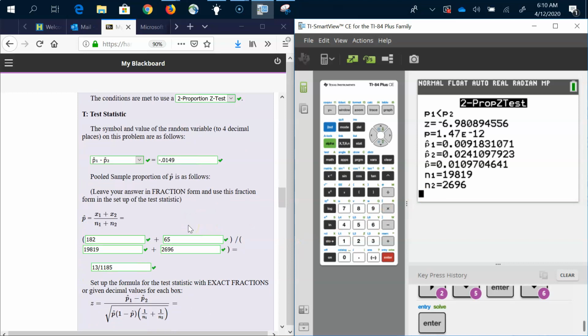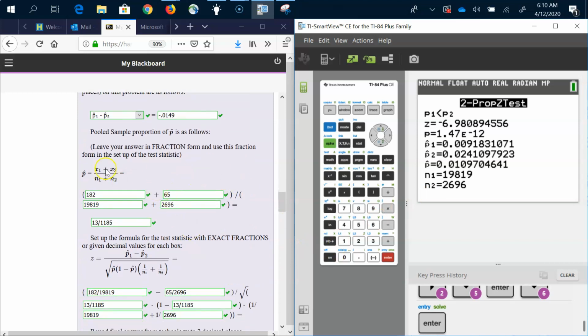The next thing is to find the pooled proportion. It's the number of successes in both of them divided by the size of the samples in both. So 182 plus 65 divided by 19,819 plus 2,696. Now, your calculator does simplify that nicely, and here's the reduced fraction.